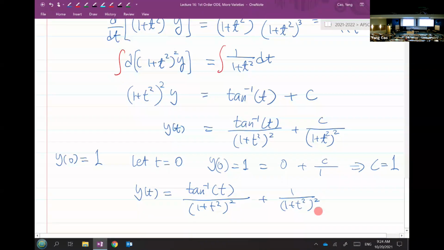So I encourage you at this stage, try not to skip any steps. Try to do every one of the steps, and understand the purpose of each step. So later we're going to learn, this is what we call a general solution. And this is called a particular solution because it's particular to a certain initial condition.